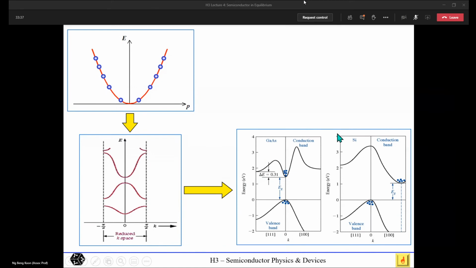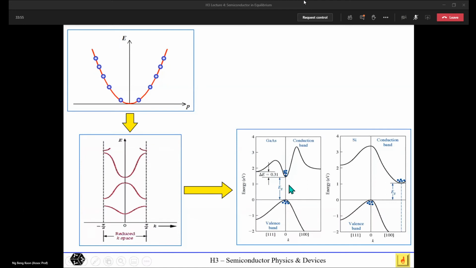If you look at the EK diagram of different semiconductors, you will notice specific characteristics. In some, the minimum point of the conduction band occurs at the same K value as the maximum point of the valence band.